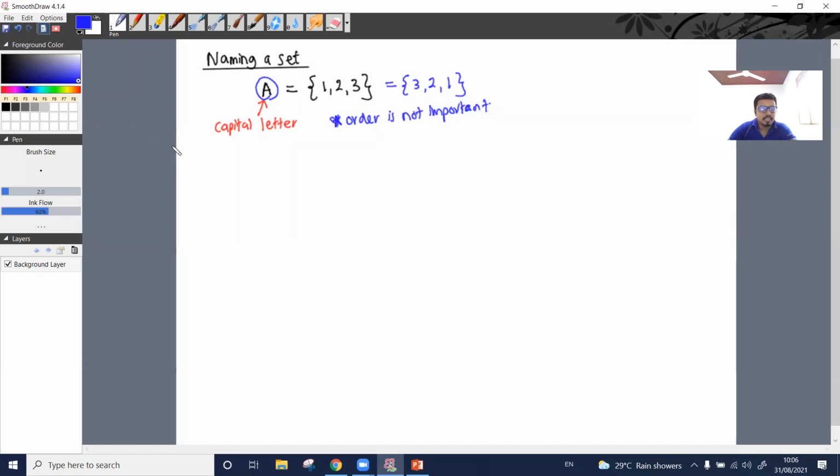And if I take an example, the set of vowels in the English alphabet.